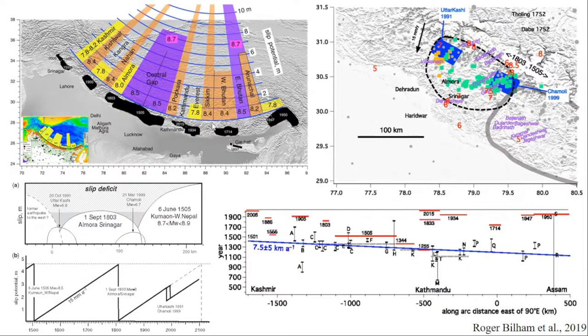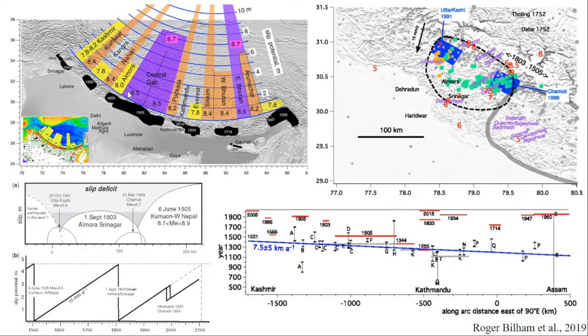Like that we can expect an earthquake like the 1505 which occurred long back. Here it has enough potential, 8.7 meter slip potential is there. So we can expect 8.5.